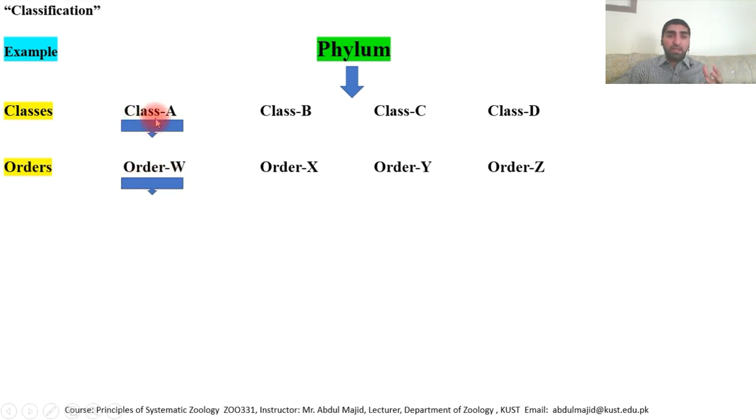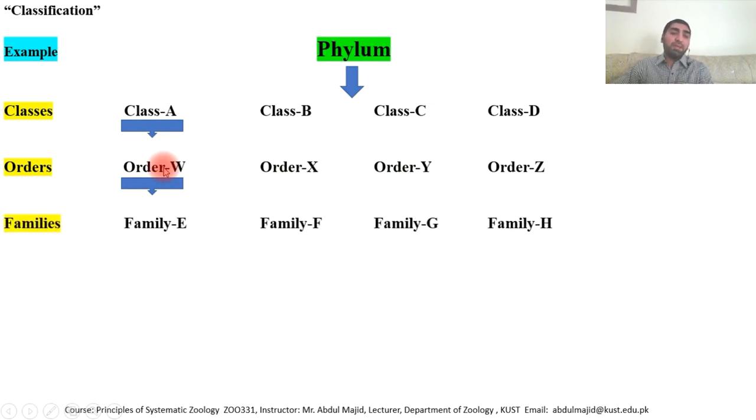For example, forget about classes B, C and D; we are talking about class A. Phylum XYZ was divided into classes A, B, C, D. Then forget about these three classes and just talk about class A. Class A will be divided into orders W, X, Y, Z, and then forget about X, Y, and Z. Just talk about the order W.